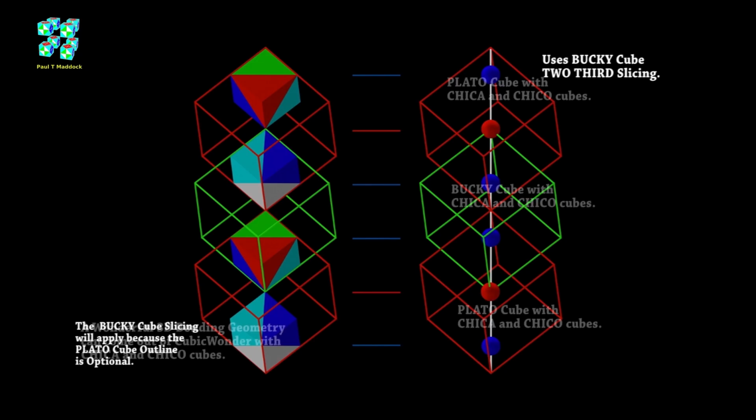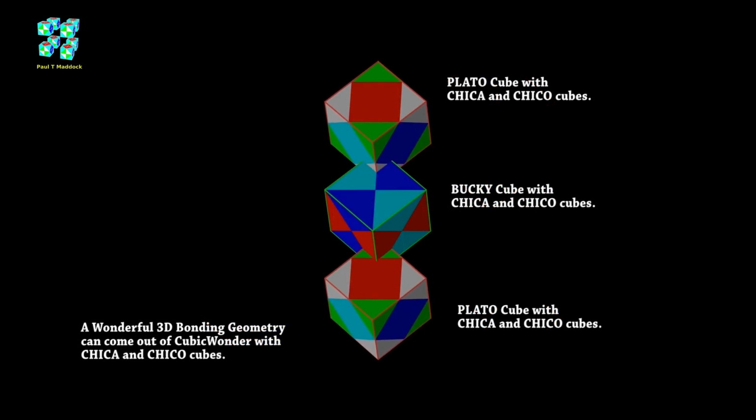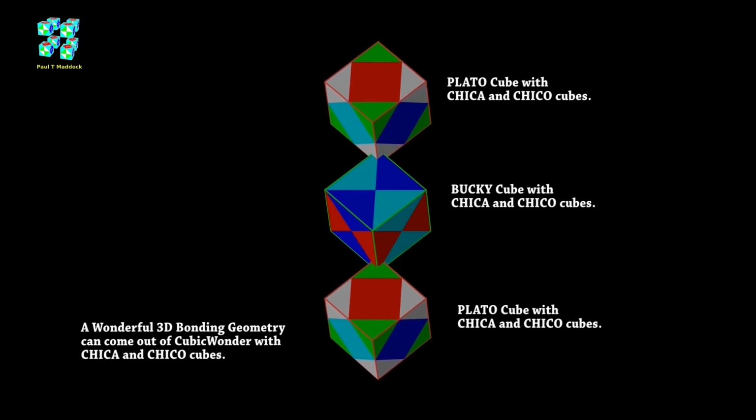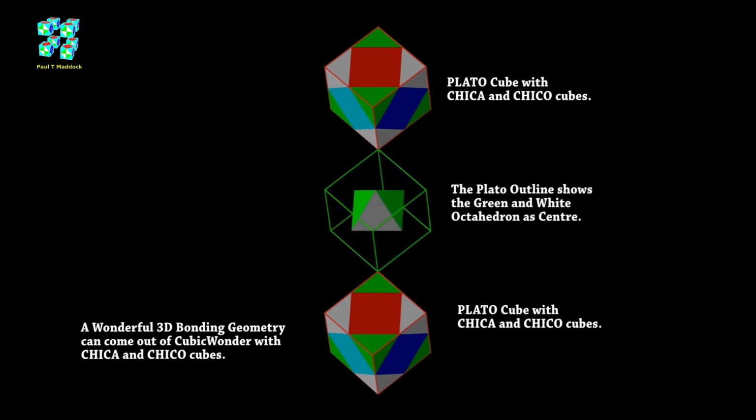I've got something else to show you now. In front, I'm showing you how a wonderful 3D bonding geometry will come out of using Chica cubes. Let's take a look. Okay, I'm just showing a Plato cube in the center. Now I'm going to change this and just put a center green and white octahedron.